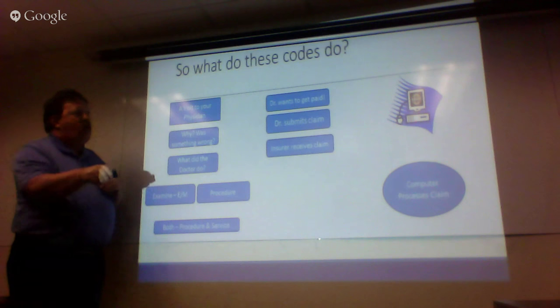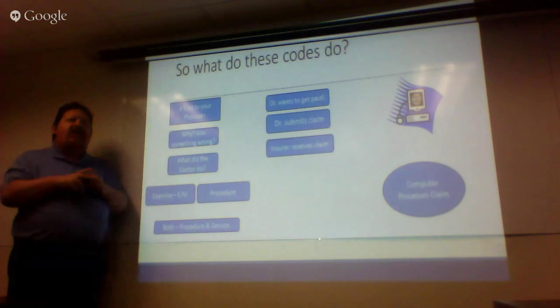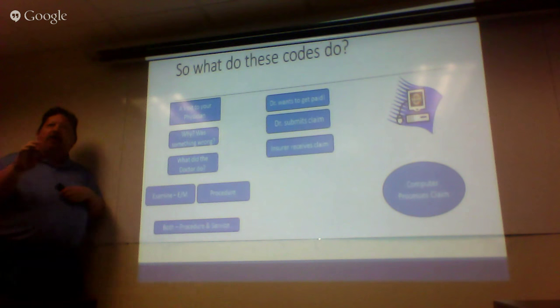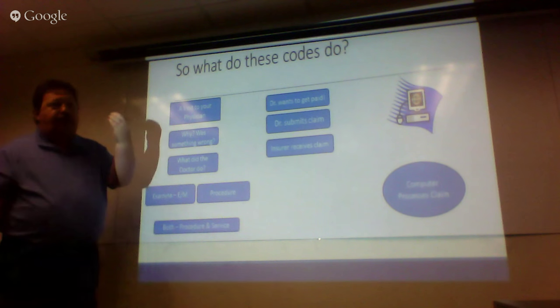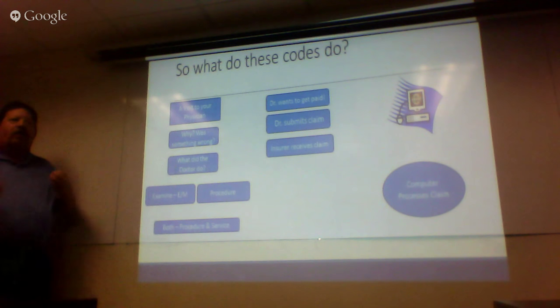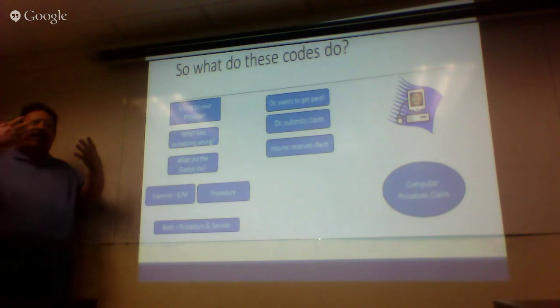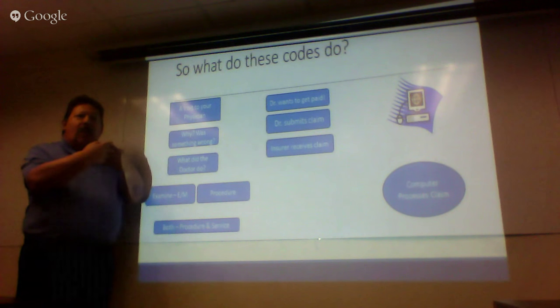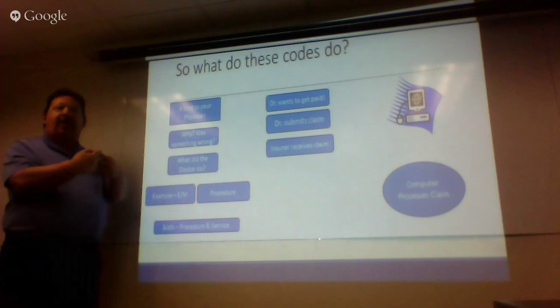And so it can go into a computer system at the end and have the computer, for the most part, adjudicate that claim. The computer has a list of procedures and dollar values and modifiers and diagnoses. And when they come in, they match together through the computer system. And for the most part, that's how they get paid.